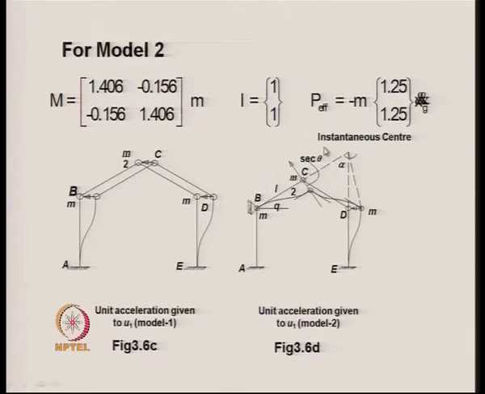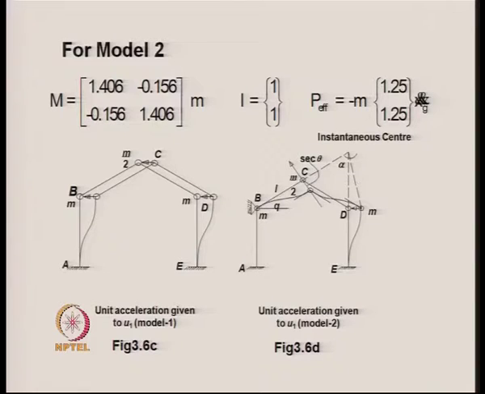The I matrix, or the I vector, will be 1 1 in this case, because of the horizontal ground motion for the masses at the two ends, that is at B and D. The masses will be moving horizontally, and therefore the I vector consists of 1 1.